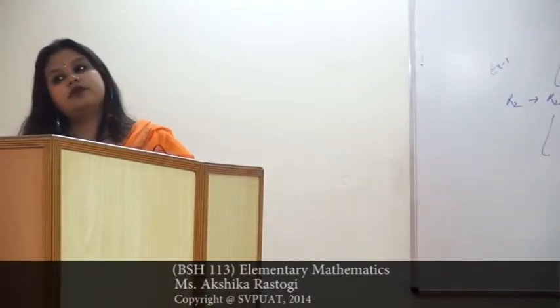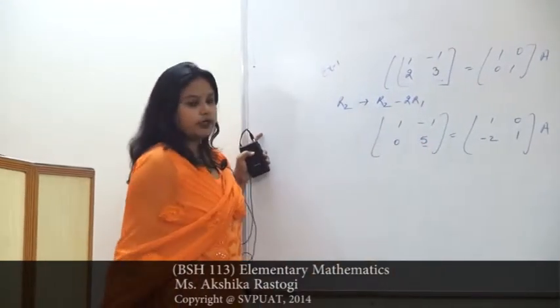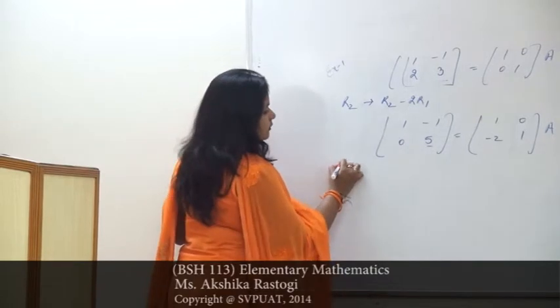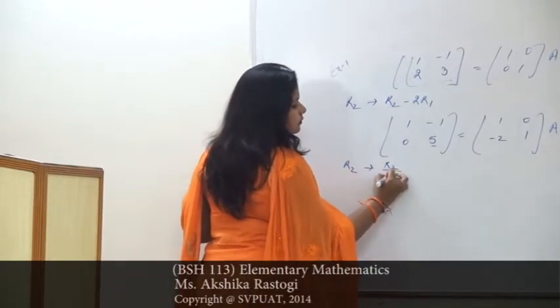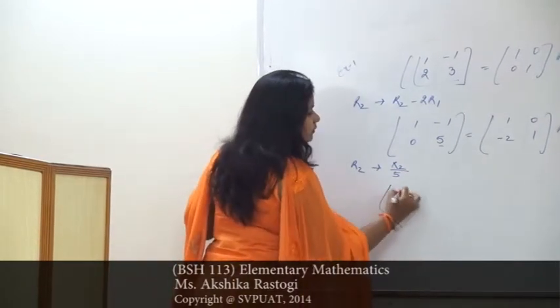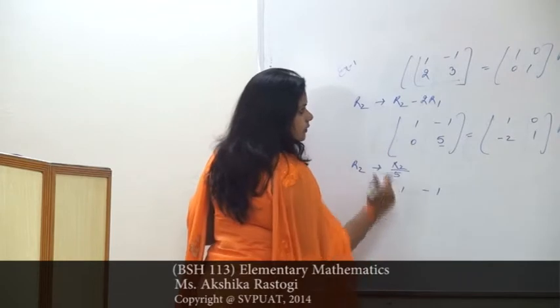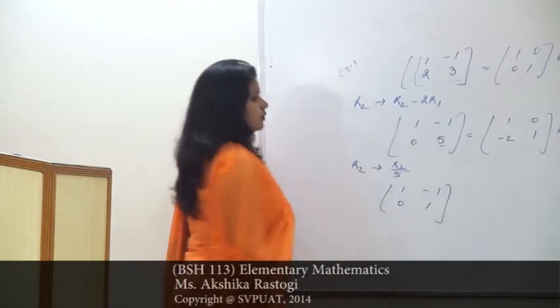The next thing we have to do is make this entry 1. So our other transformation will be R2 becomes R2 upon 5. That gives 1, minus 1, and 0, 1.